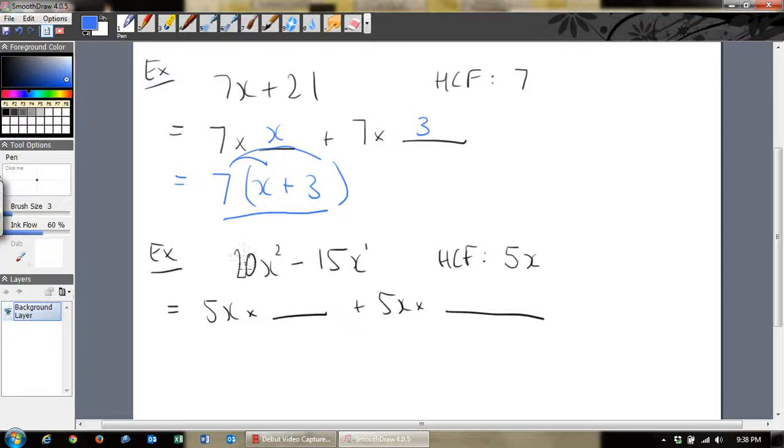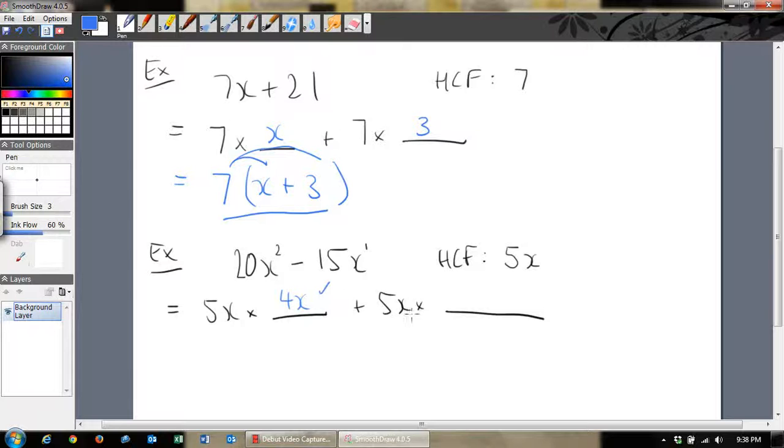So 5 times something to be equal to 20 must be 4. We need to multiply it by 4 to get to 20. And also we need x times something to be x squared, which means x times x. So we need to times 5x by 4x. Let's just check this. 5x times 4x is 5 times 4, which is 20. x times x is x squared.